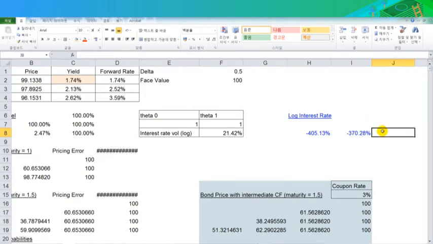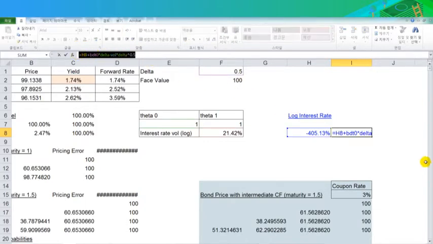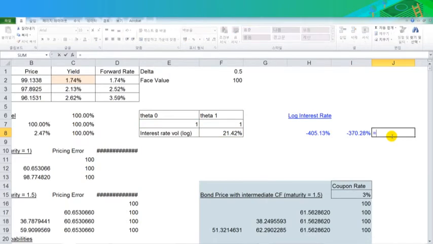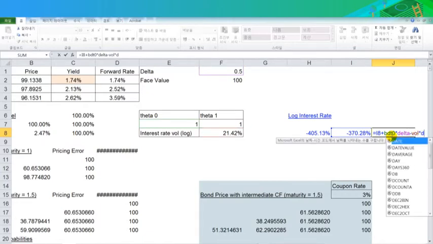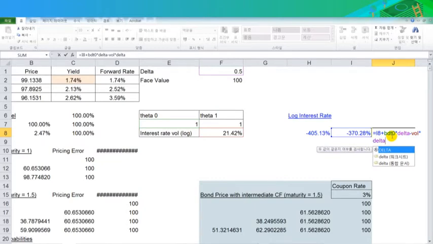Right? And then this part, interest rate can go down again. So here, well, we can actually, let me start from here. So this one plus BDT 0 multiplied by delta, okay, minus 4 delta 0.5.